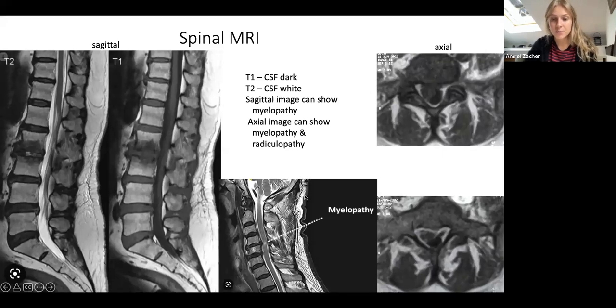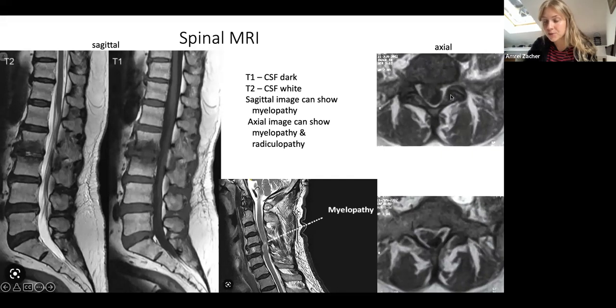In the axial view, you could see radiculopathy. So here you have anteriorly the bone, so the vertebral body, and here the dorsal part of the vertebrae. Then you have the central canal here, and this one here would be the nerve roots that exit.